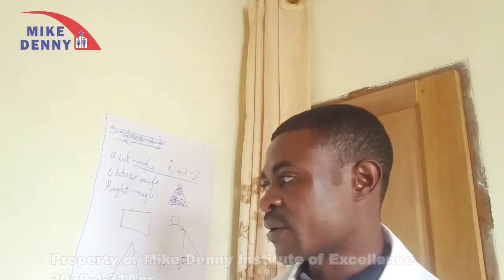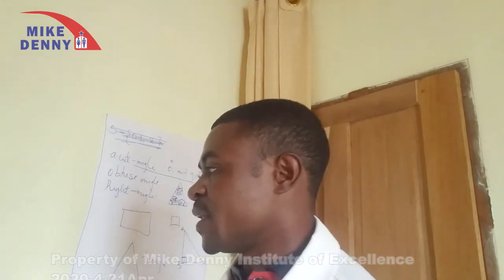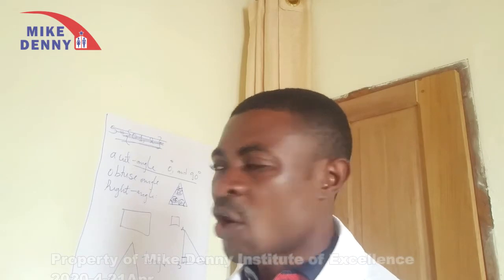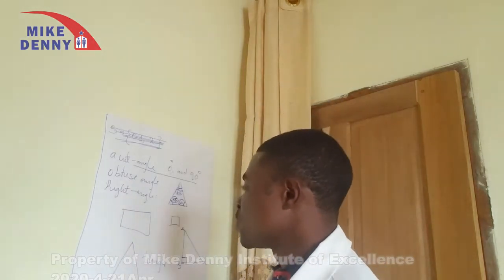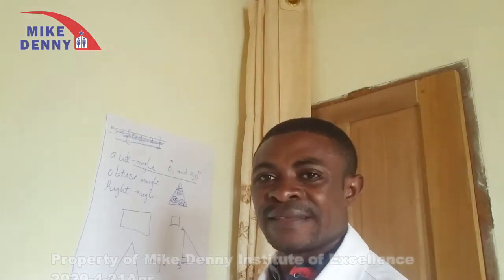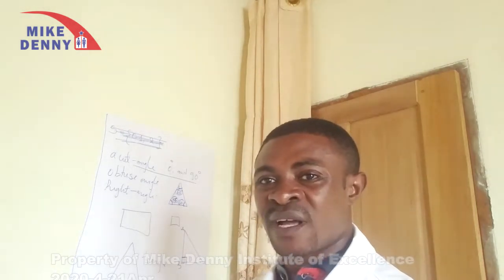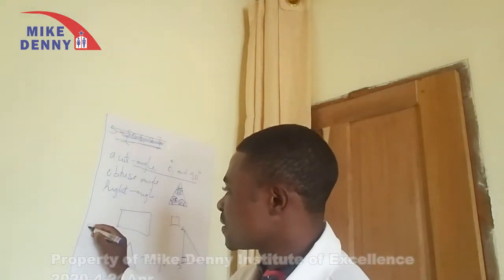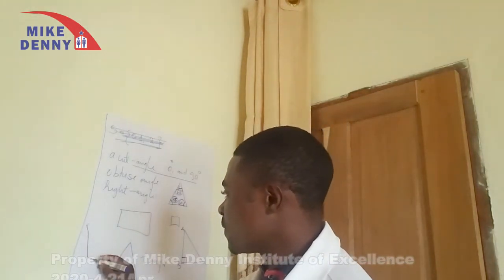Then next, we will go to an obtuse triangle, and an obtuse angle triangle is one in which one of the angles is greater than 90 degrees. So long as one of the angles is greater than 90 degrees, it forms an obtuse triangle. If you have something like this, I have this.